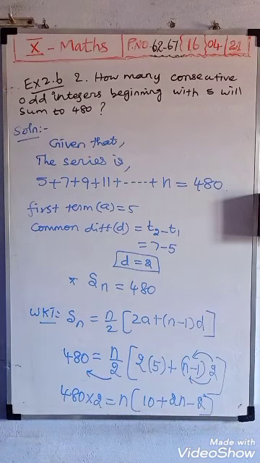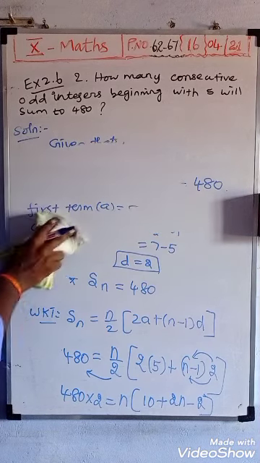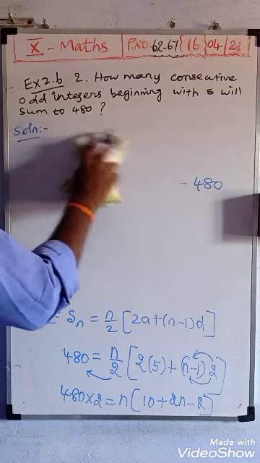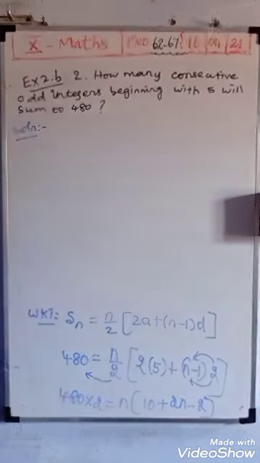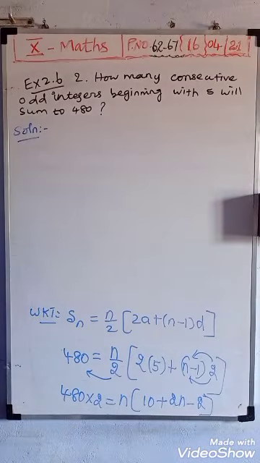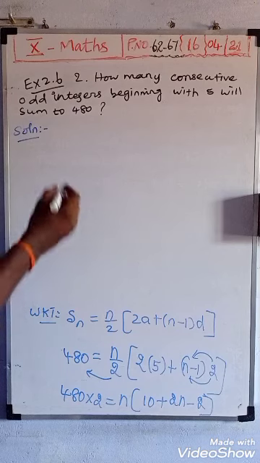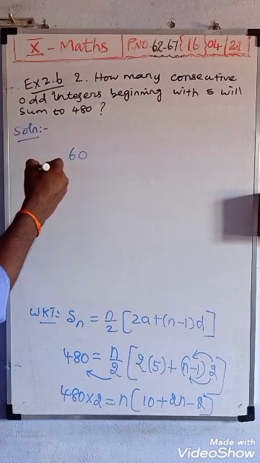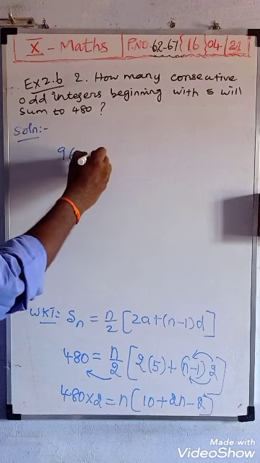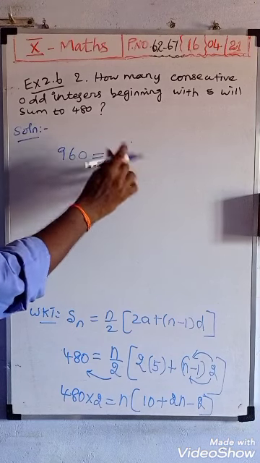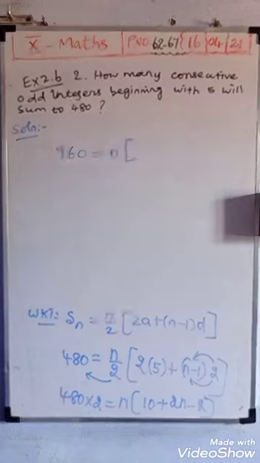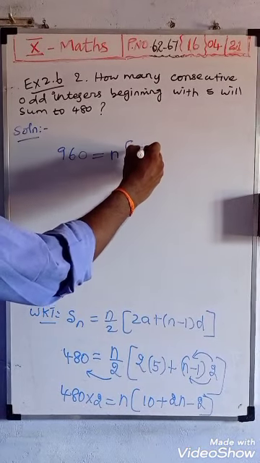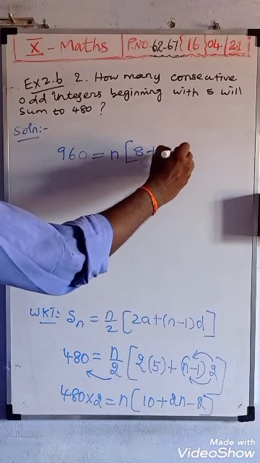So next step, change and write this 480 into 2. We multiply 480 into 2 and receive 960. So 960 is equal to n of 10 minus 2, which is 8 plus 2n.